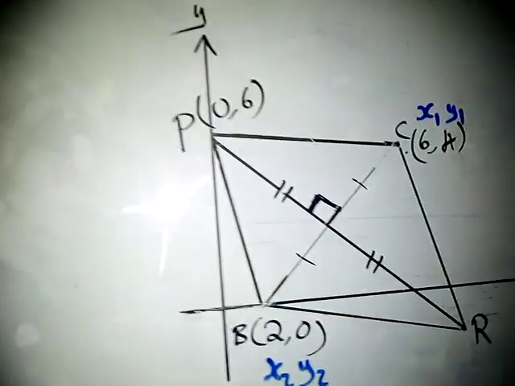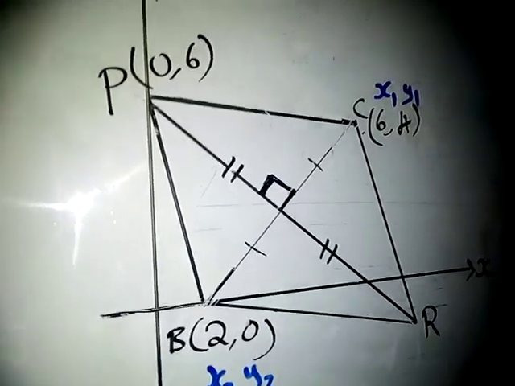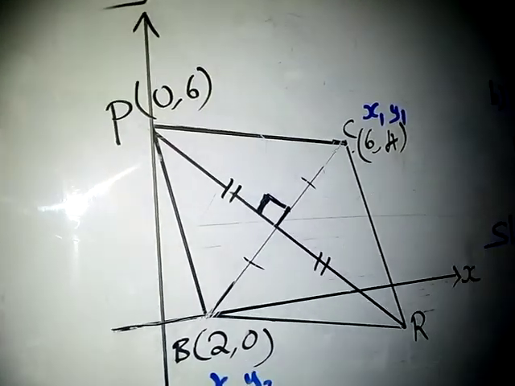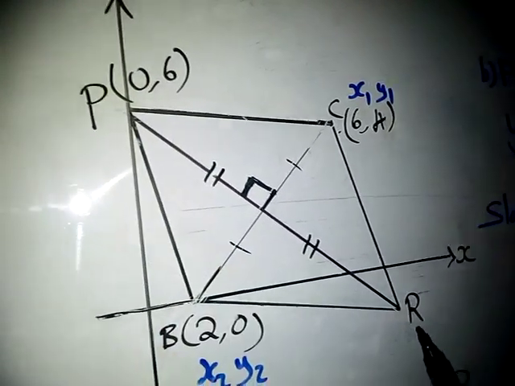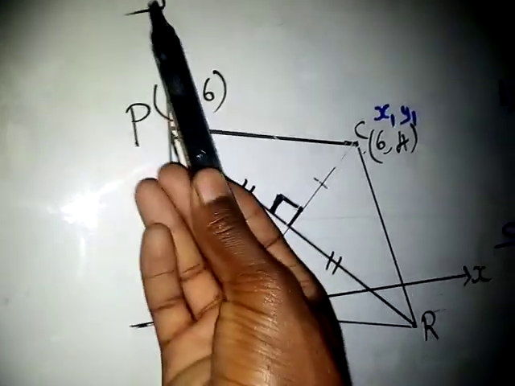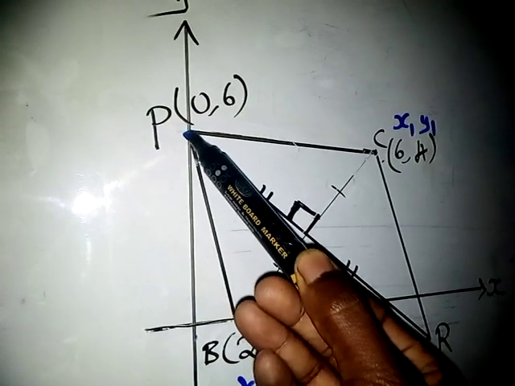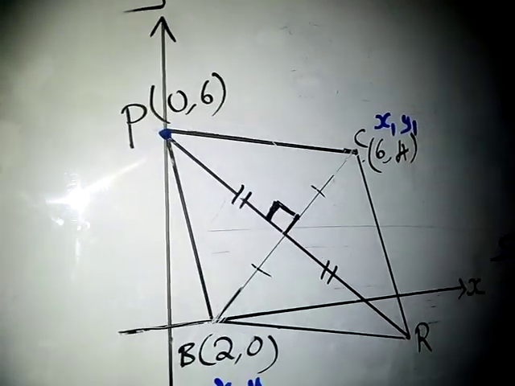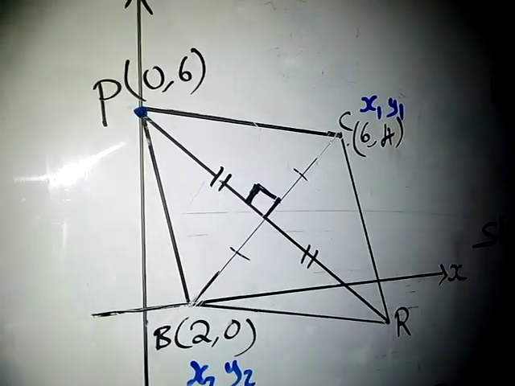However, C is the y-intercept, the y value at which line PR cuts the y-axis. That y value is the C you are seeing here.